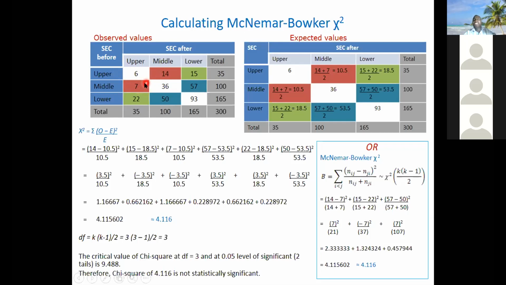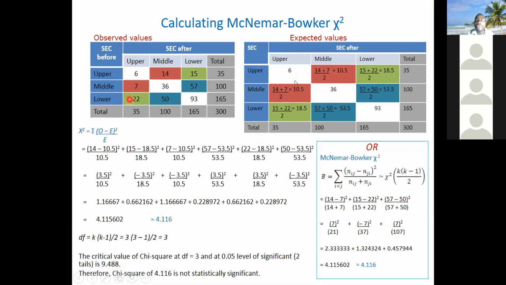If there's no change, the number that changed from upper to middle should be equal to the number that changed from middle to upper. So you add the 2 together and divide by 2 to give them equally. 40.7 over 2, 10.5. The same thing you do for this.